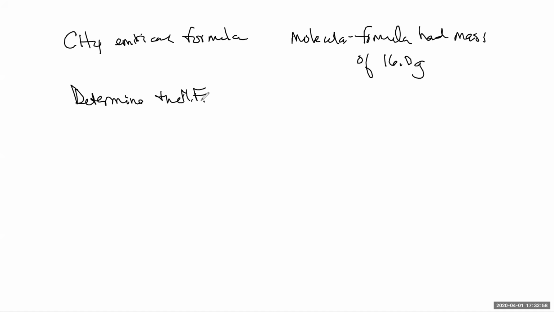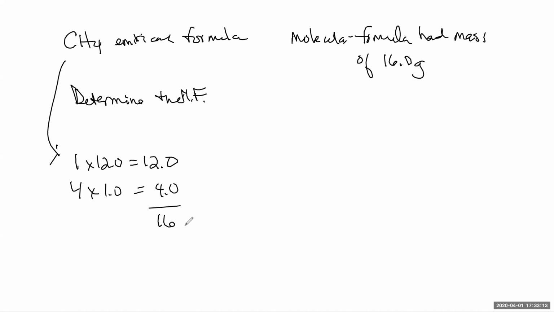Determine the molecular formula. You need to find the mass of the empirical formula. Well, it turns out that the mass of the empirical formula, 1 times 12 for carbon, 4 times 1 for hydrogen, is 16. But 16 is the same as what I told you was the molecular formula mass. So 16.0 divided by 16.0 is going to give you 1.